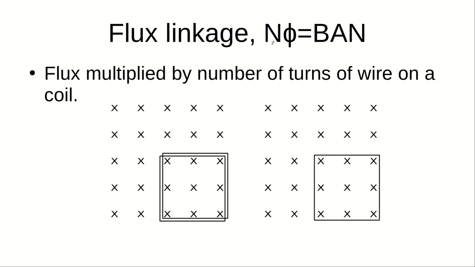Okay, so flux linkage is equal to N phi, or it's equal to BAN, where B is the flux density. Phi is measured in Webers, not sure how you pronounce it. B is measured in Tesla, area obviously meter squared, N is just an integer number which gives us the number of turns on the coil.